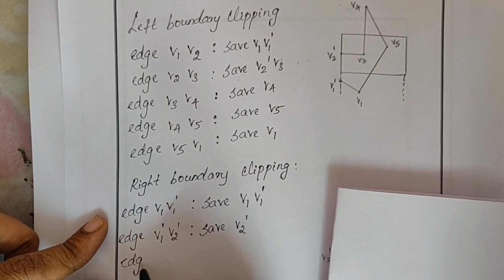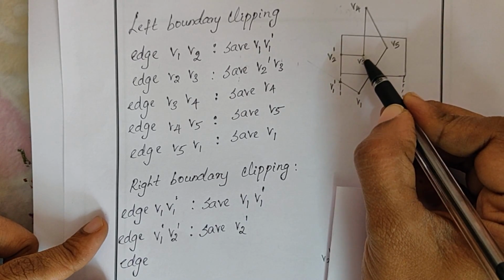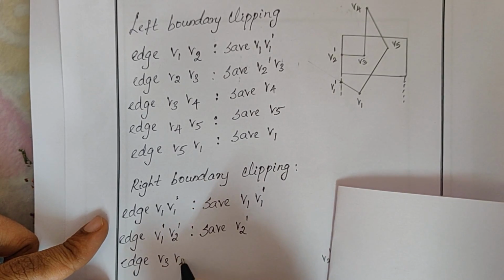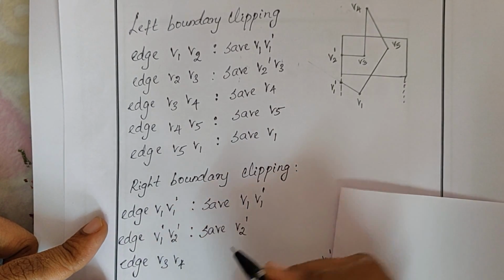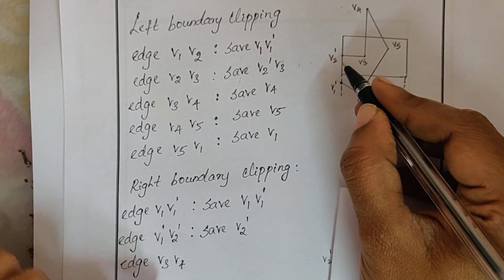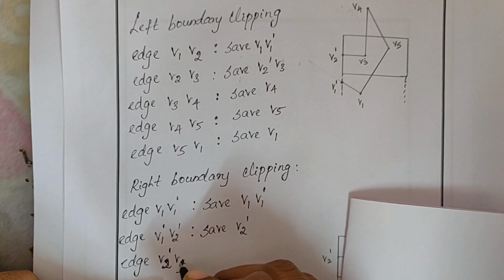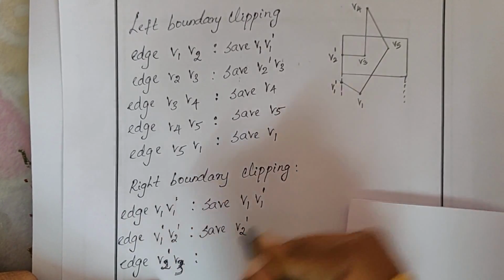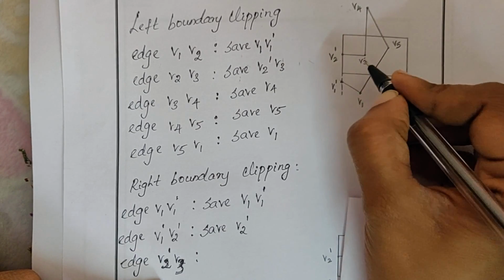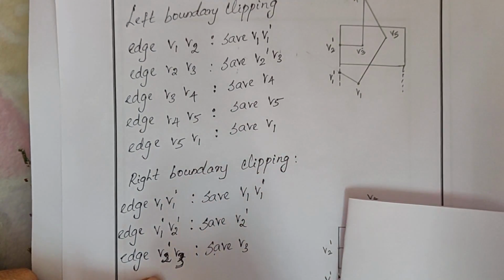Next edge, V2 dash, V3. Again in this case both vertices are inside my right boundary, so I have to save my end vertex, which is V3, right?